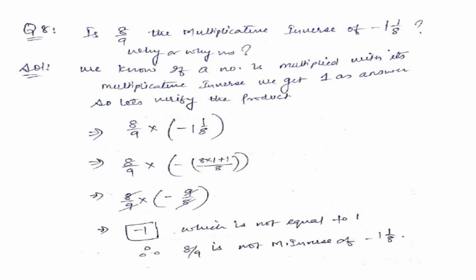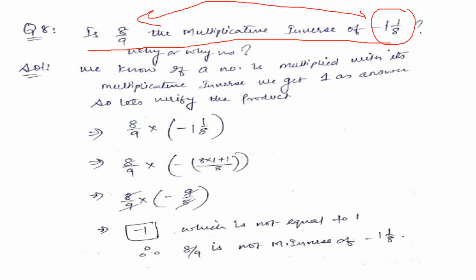Question number 8. Is 8 upon 9 the multiplicative inverse of minus 1 upon 8? So this is a mixed fraction. We have to check whether these two numbers are multiplicative inverses of each other or not. So we have to first convert this and multiply them. When you convert this, we all know how it is converted. We have to multiply these two and then add this thing.